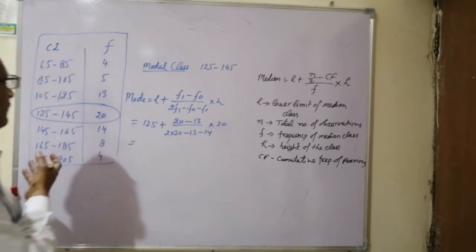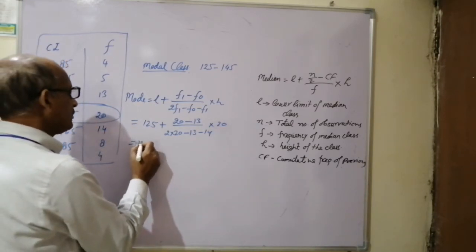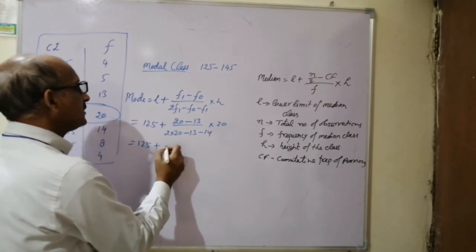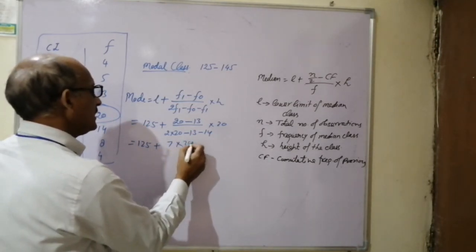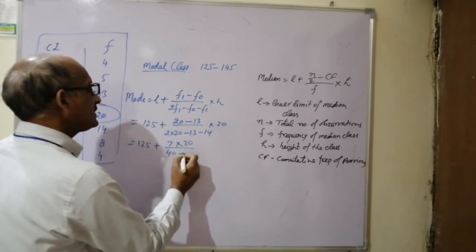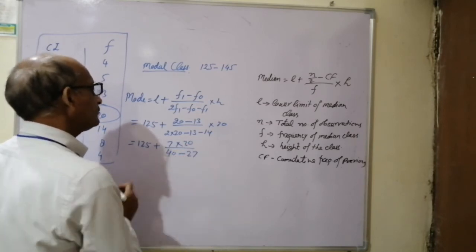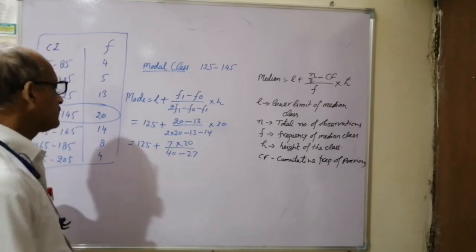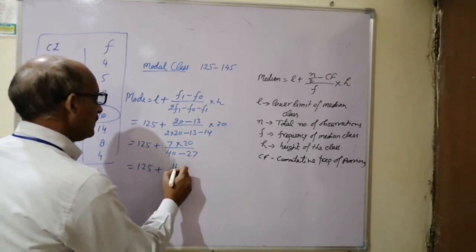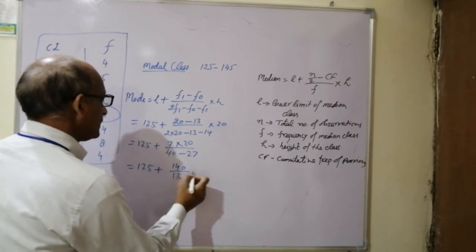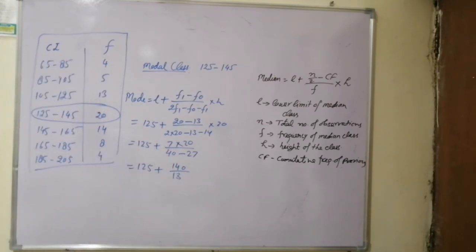The class interval is 20 everywhere. So we get 125 plus 20 minus 13, that is 7, into 20, upon 40 minus 27, since 13 and 14 make 27. So 125 plus 140 upon 13.